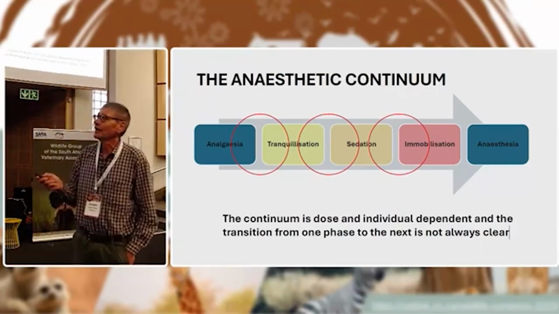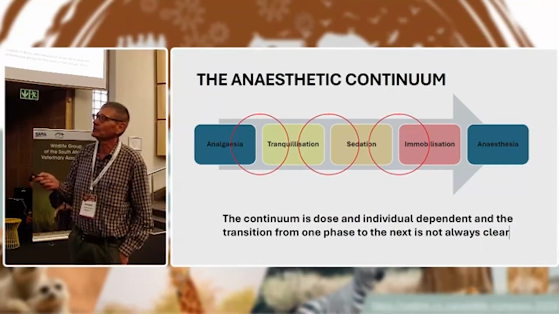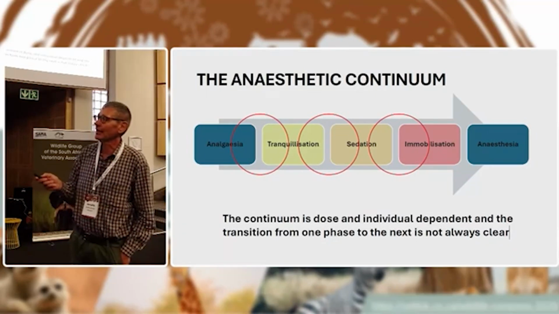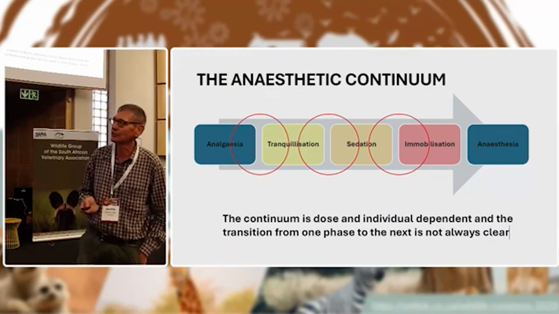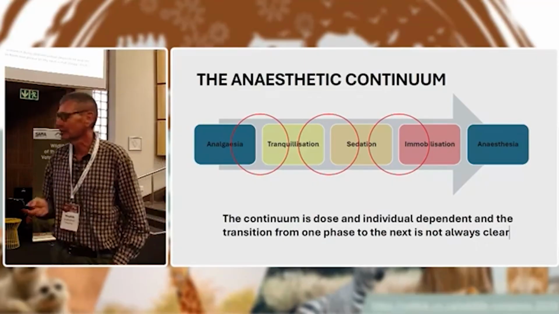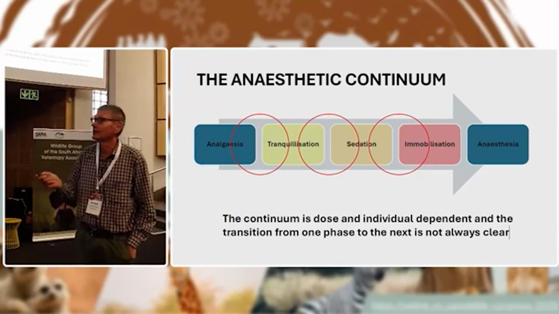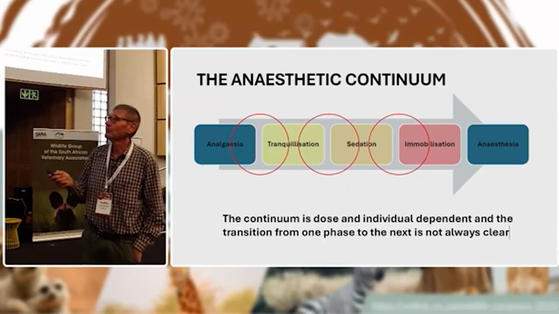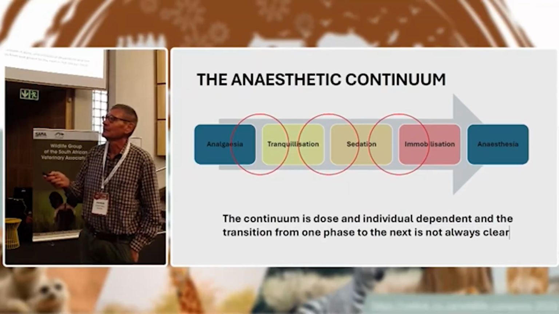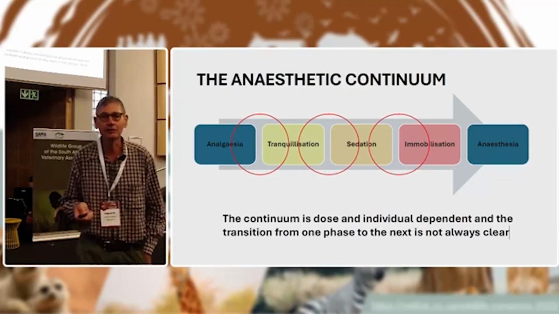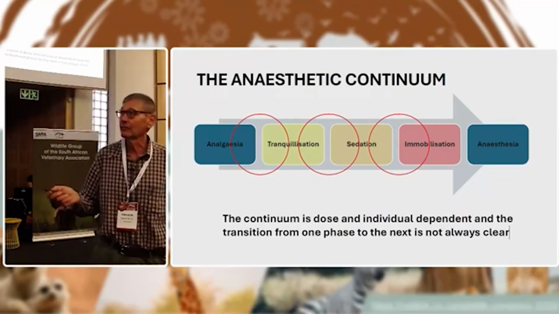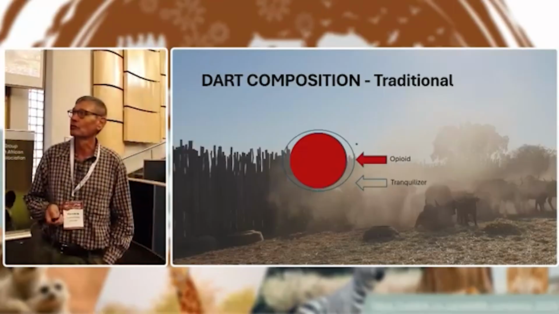We are trying to use the lowest potency of drugs and combine that with sedative drugs to get effective immobilization. That's a continuum, and if you understand that and don't just work in one of the categories, that will give you a lot more options.